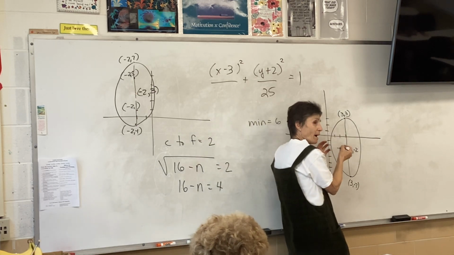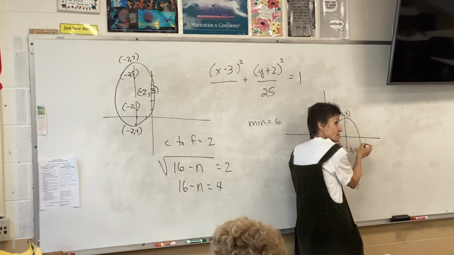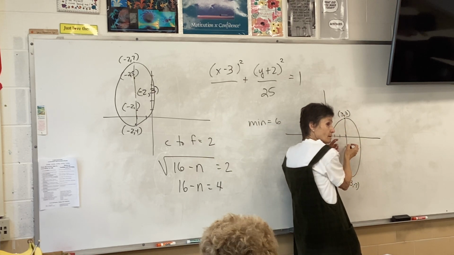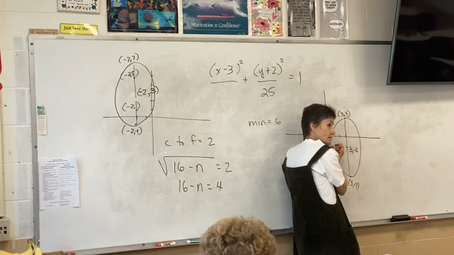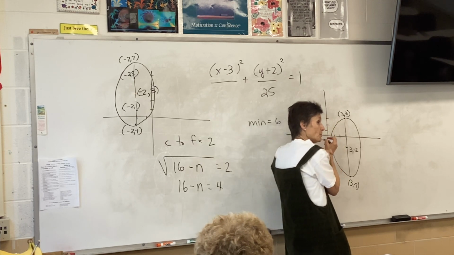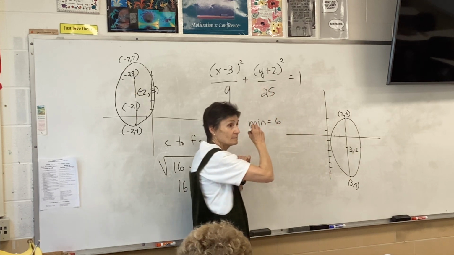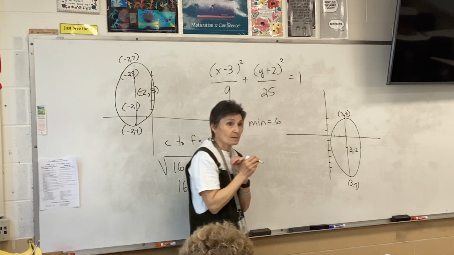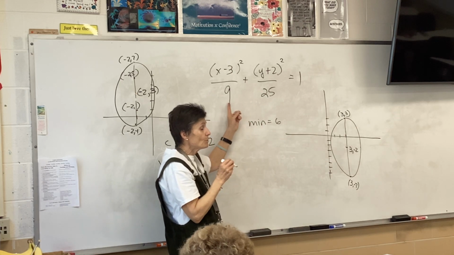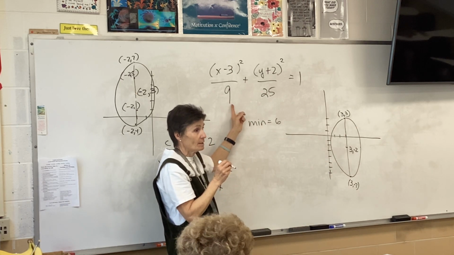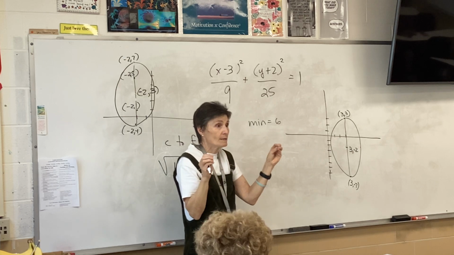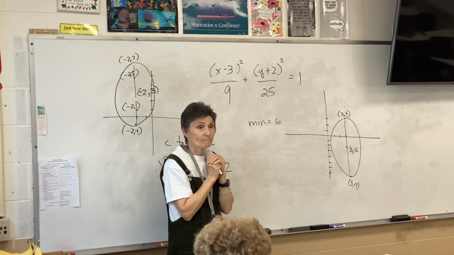That means that to graph this thing, I'm gonna count sideways 3, which means under x must be a 9, because the square root of that number tells you how far sideways to go.